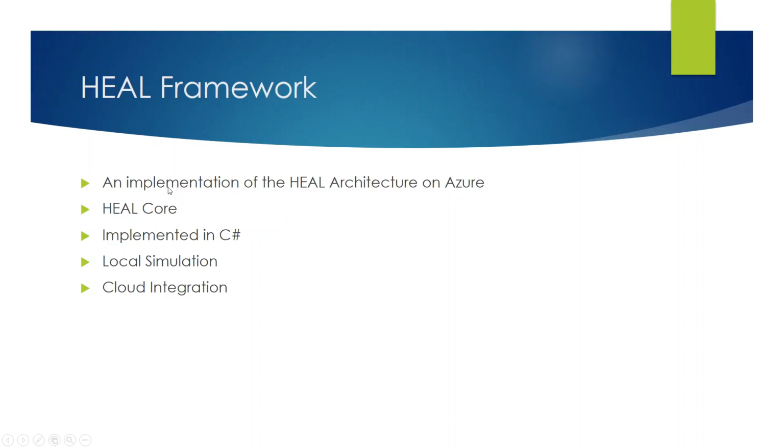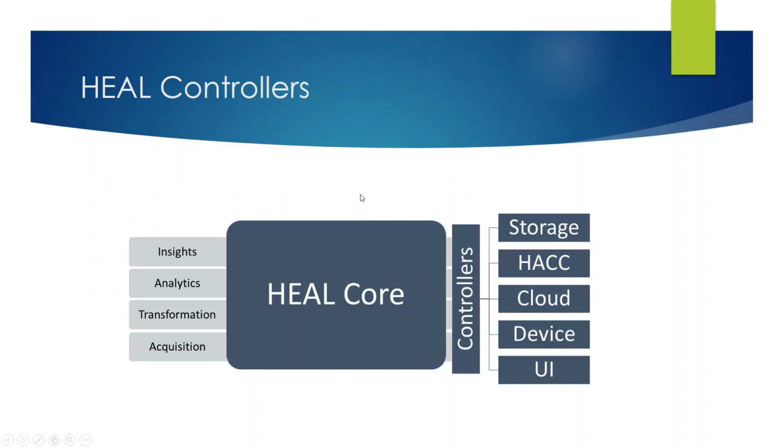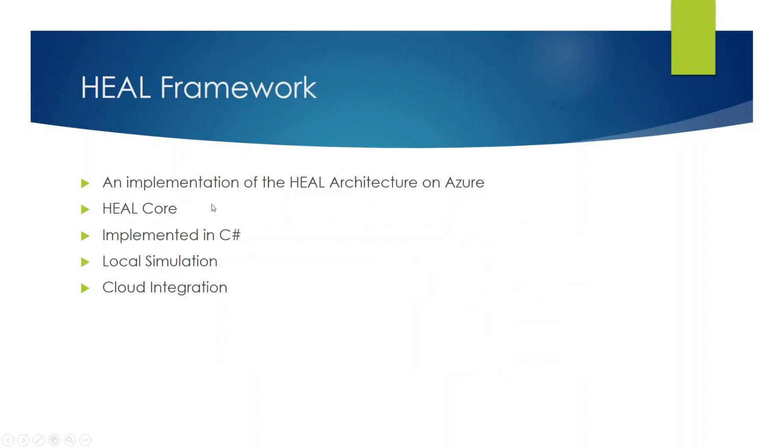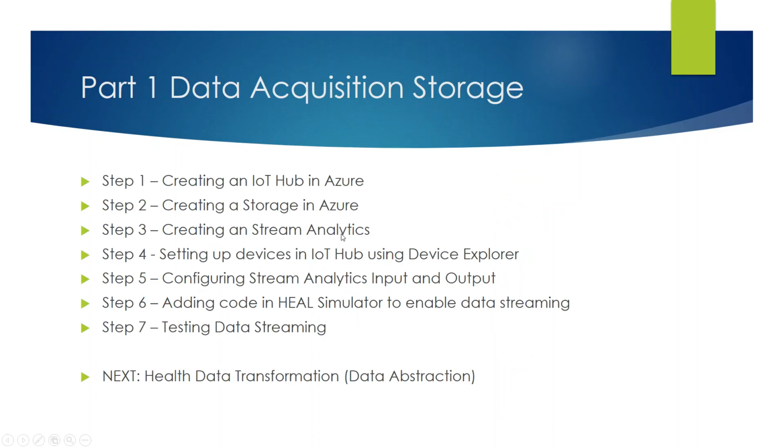The HEAL framework is an implementation of the architecture that we proposed here, and the HEAL core is the software, the program that I'm actually writing. It's implemented in C#, and we've got a local simulation right now, and we're going to integrate it with the cloud.